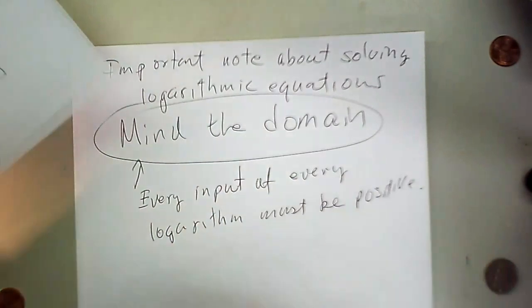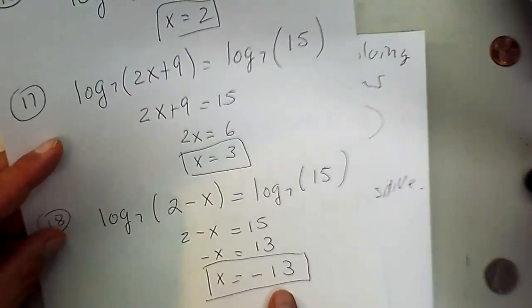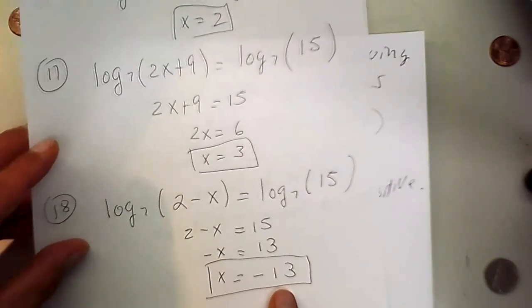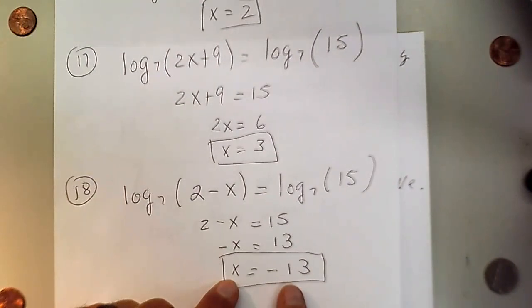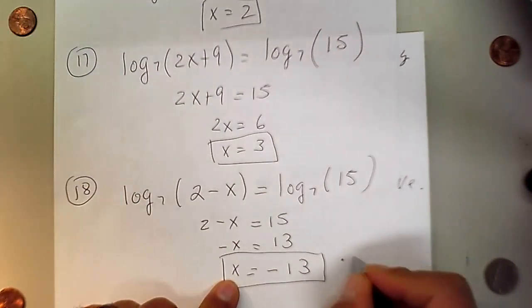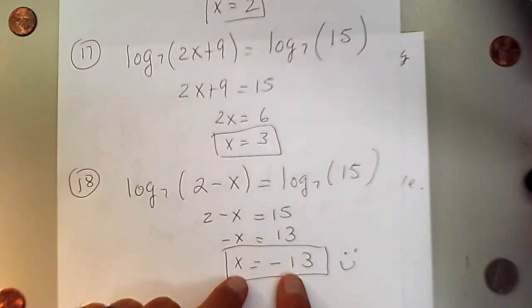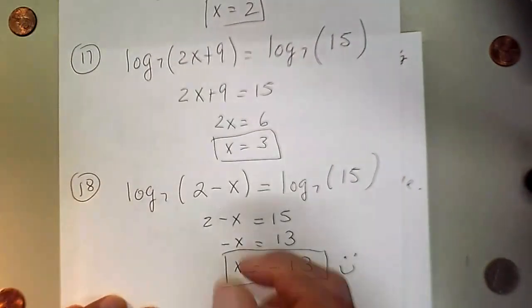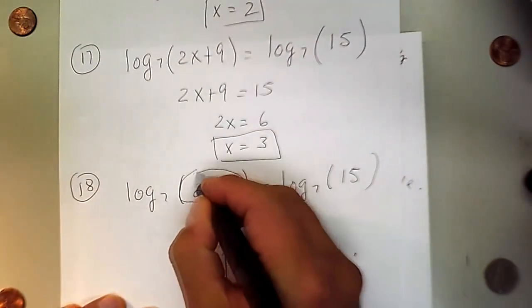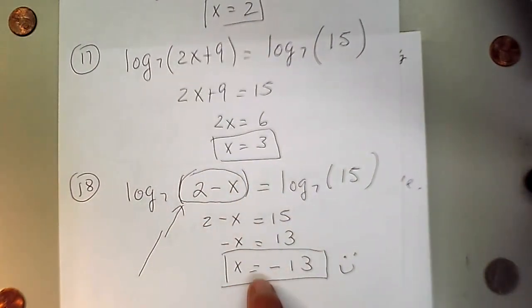Not even zero, positive. And you may be thinking, okay, so that means that's wrong. No. That's why I wanted to show this particular example. The x could be negative and there are no problems. We're good. All right. What is important is that when we plug it in here, this whole entire thing is what I call the input of the logarithm, not to be confused with the input of the function.